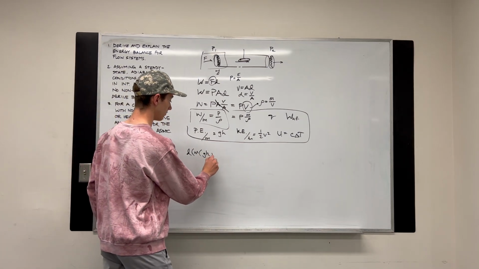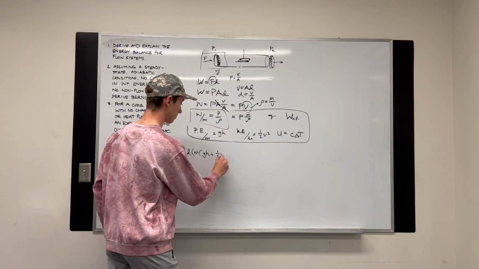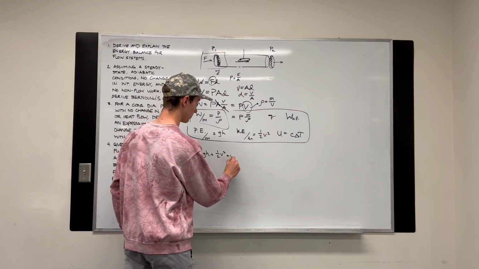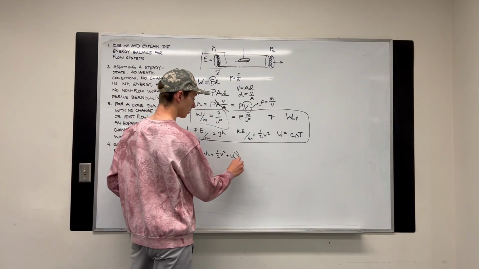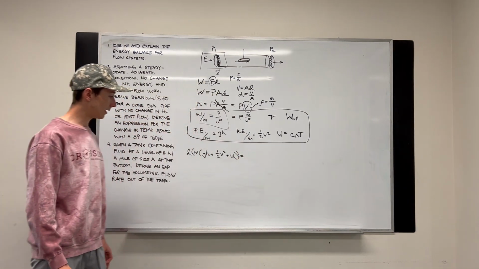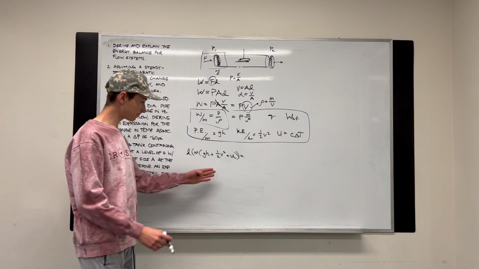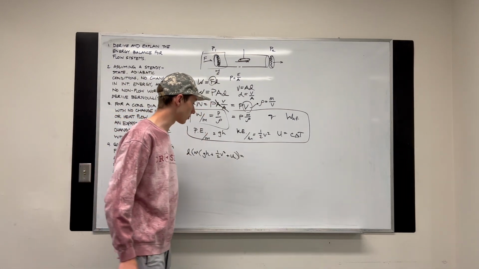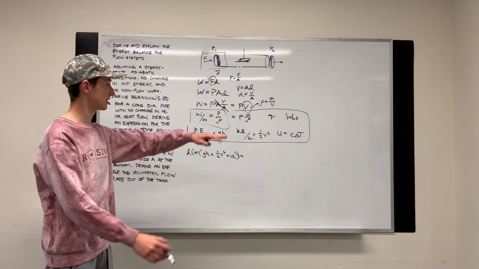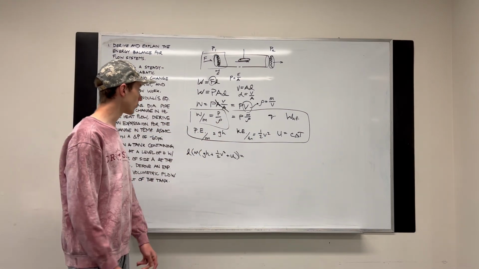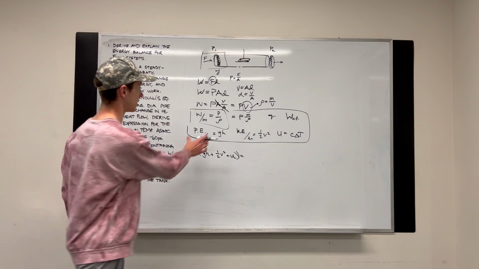We have some kinetic energy. We have some internal energy. And this is all equal to, what are we going to put on the other side of this equation? Well, we have the in and the out of each of these effectively, right? So let's start with these energies again.